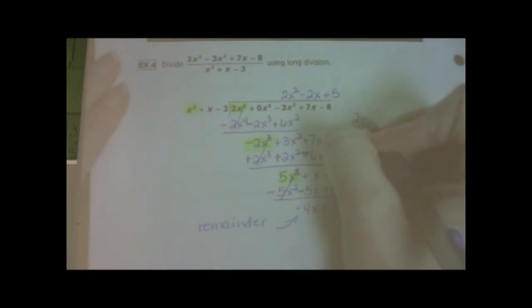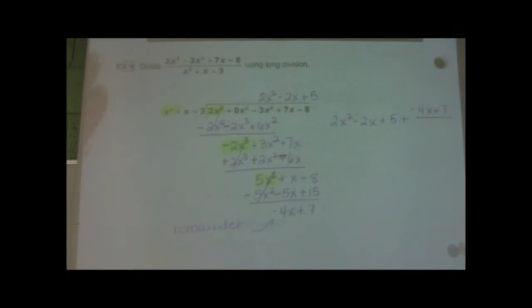I've got 2x squared minus 2x plus 5 plus, take all of this, and that is negative 4x plus 7, over all of this. x squared plus x minus 3.